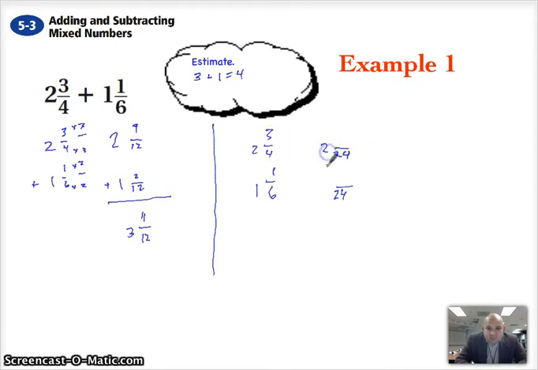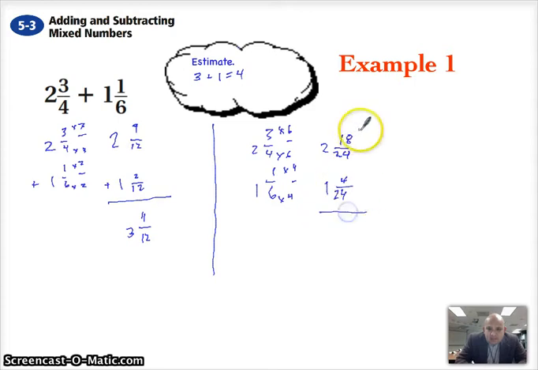I'm going to add the 2 up here and the 1 here. So what did I multiply times 6 to get 24? I multiplied it by 4. So 4 times 1 is 4. What did I multiply times 4 to get 24 here? I multiplied by 6. So I'm going to multiply the top by 6. 3 times 6 is 18.